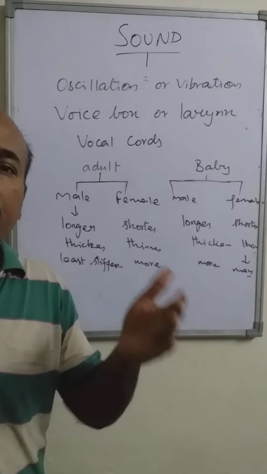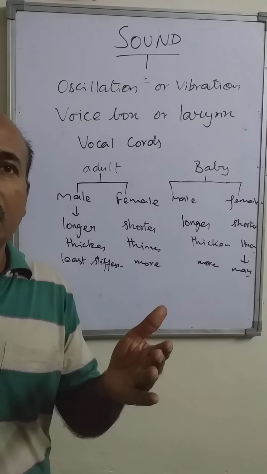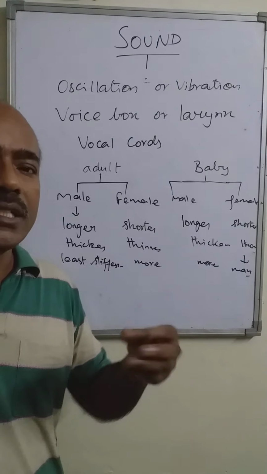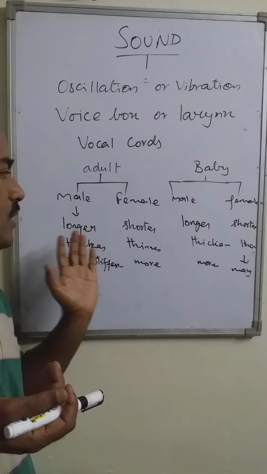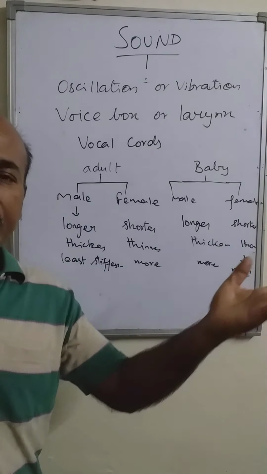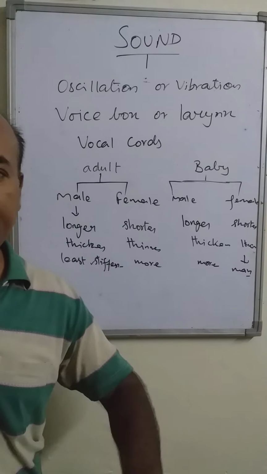Because of this structure, the sound produced, the loudness, the shrillness, or we can say sharpness of sound, is different in all the 4 categories.